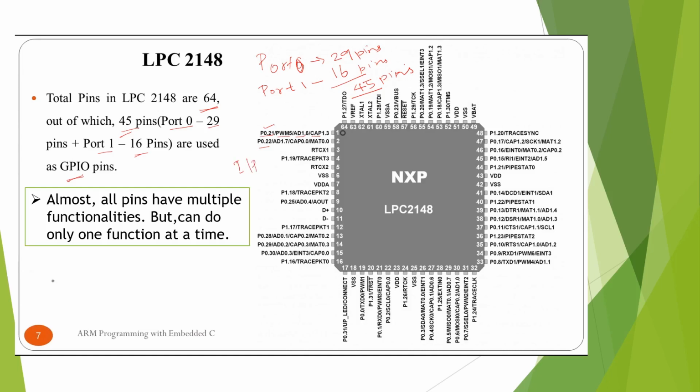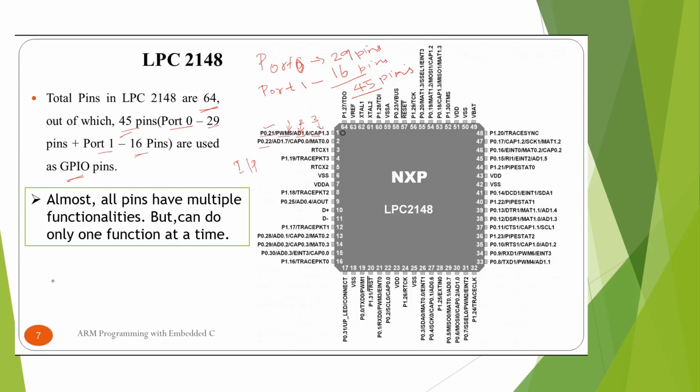Data has to get into the processor, or data has to go out from the processor. But if I want to use this 21st pin to generate a PWM signal, pulse width modulation signal, then I have to choose a secondary operation. This is the first secondary operation, this is the second, and this one is the third secondary operation.